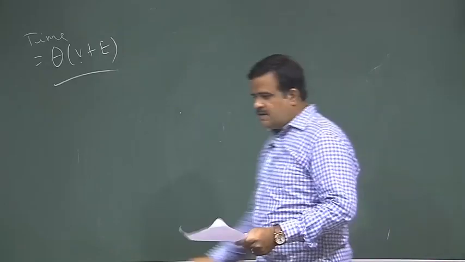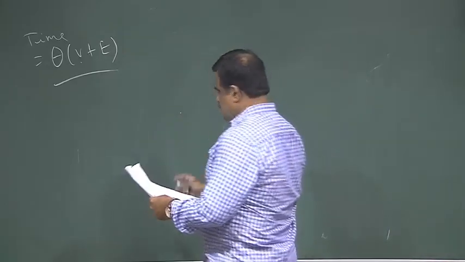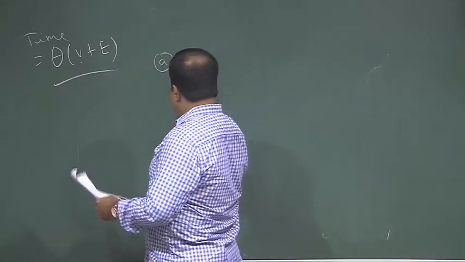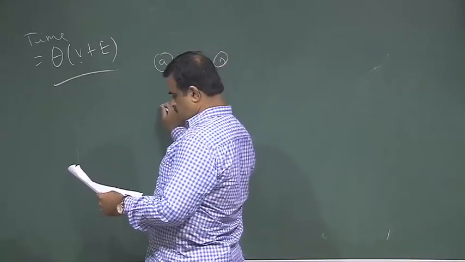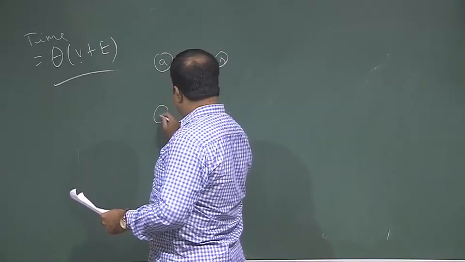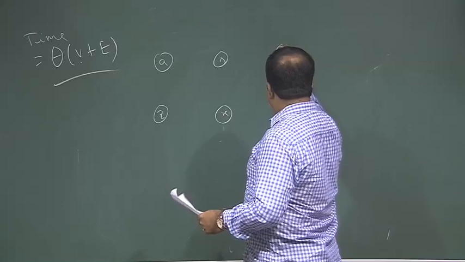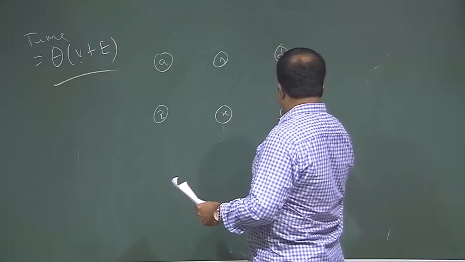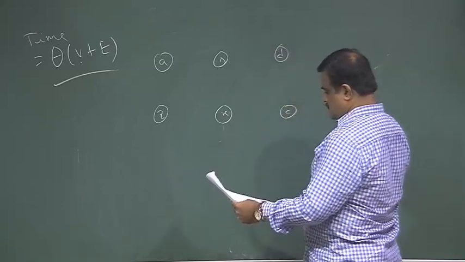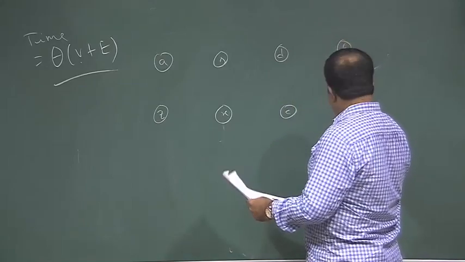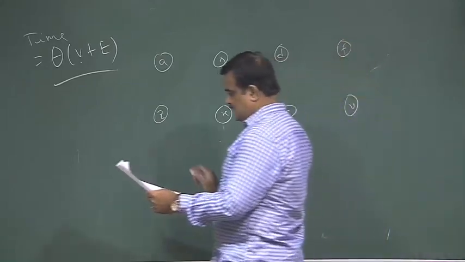Suppose you have a graph like this, with vertices A, S, Z, X, D, C, F, V, and these are the edges.